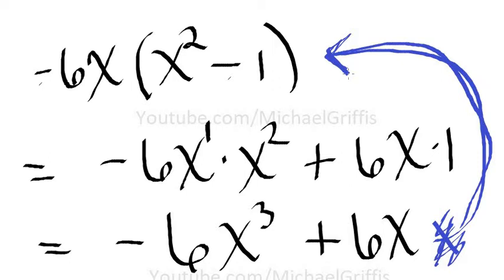So take a look at this once again. What are we factoring out? This negative 6x here, right? Here's a 6x, but this just kind of confuses people. If I factor out a negative, what's that going to do to that?